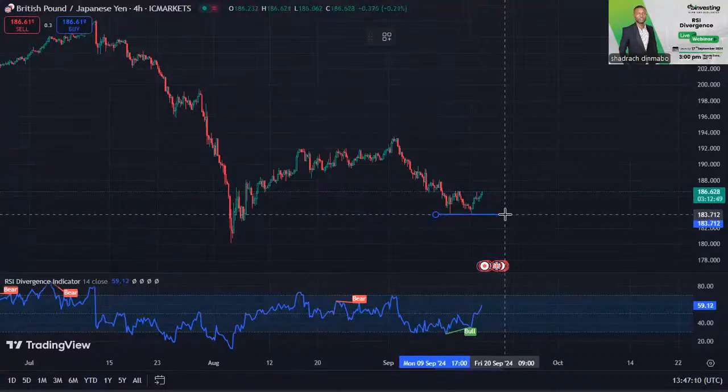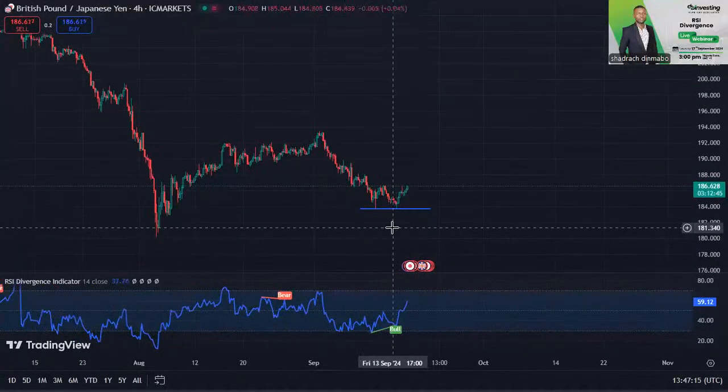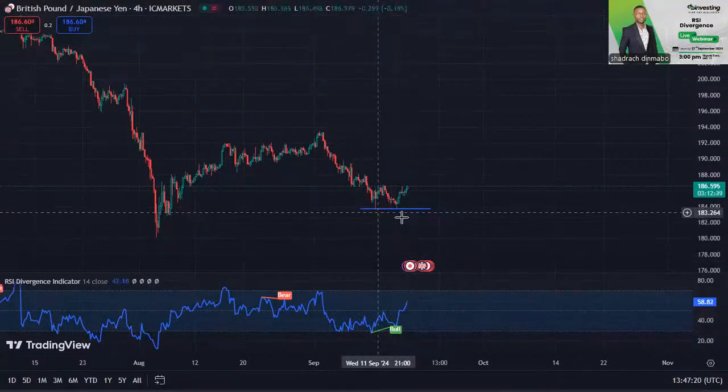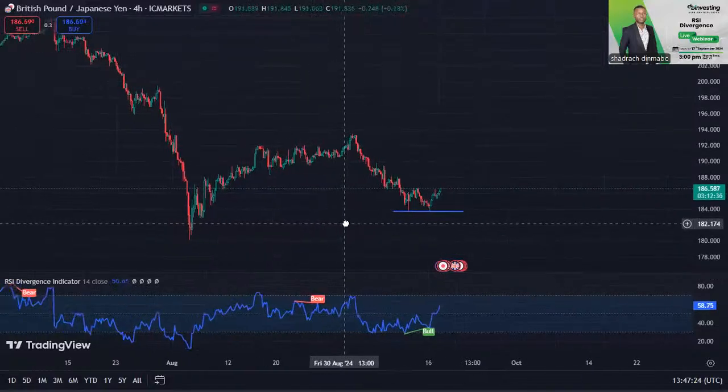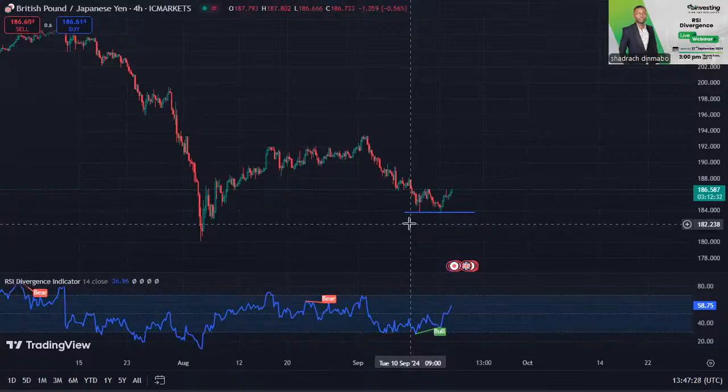So this seems to be a double bottom, but meanwhile our RSI is giving us a higher low. So now this is a nice one. Sometimes in divergence, you could see what's known as a double bottom, and RSI is giving us a higher low.